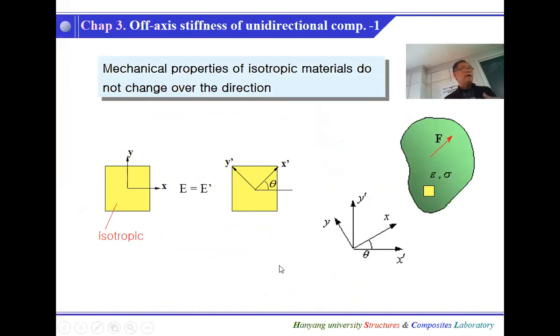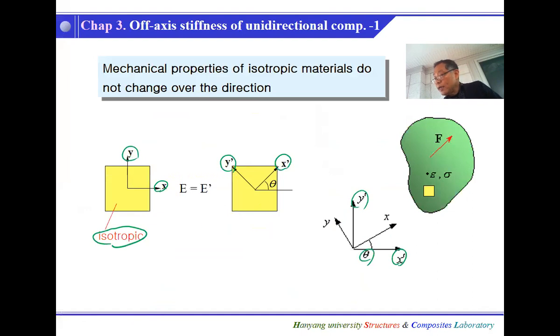Okay, so as I briefly explained about the strain transform, stress transform, and material property transformation, now we need that theory. See, in an isotropic material, we have a reference XY, and we do have a different reference, and they have an angle, rotated by theta, two different coordinate systems.